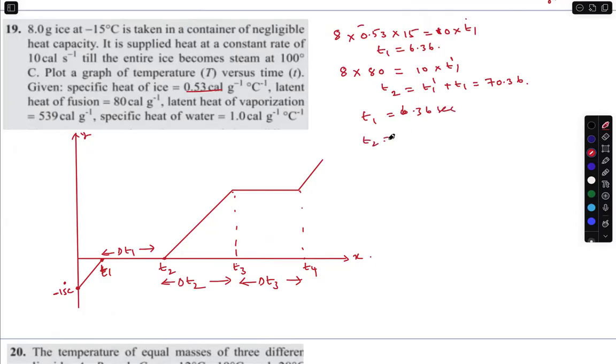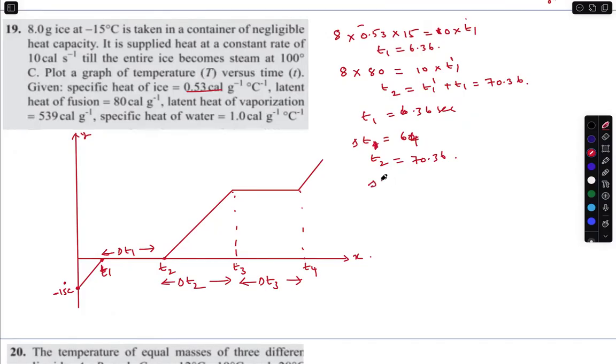The second interval, delta T1 is 64 actually. So finally, adding 64 and 6.36, you will get the T2 as 70.36. And thereafter, it is water at 0 degrees centigrade.